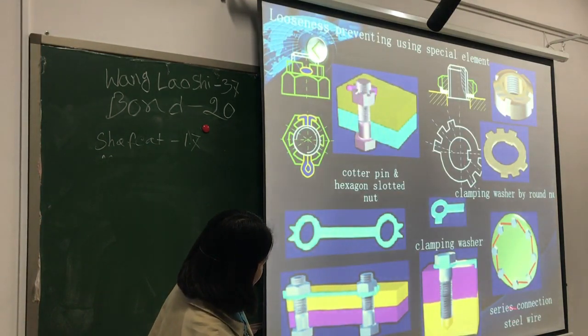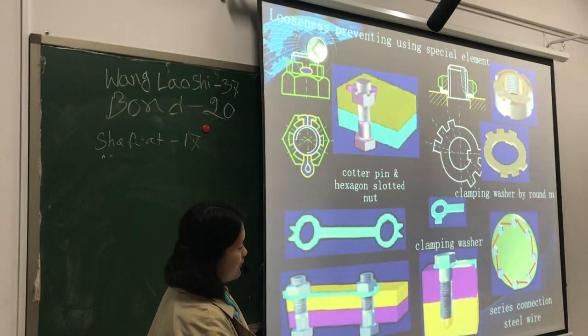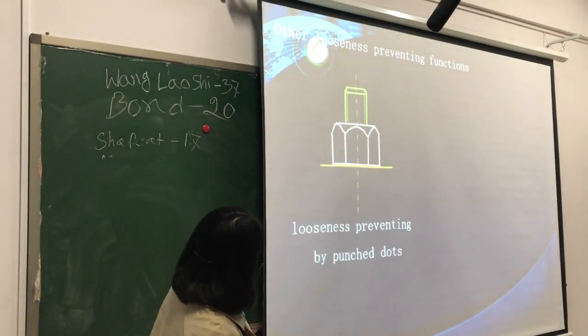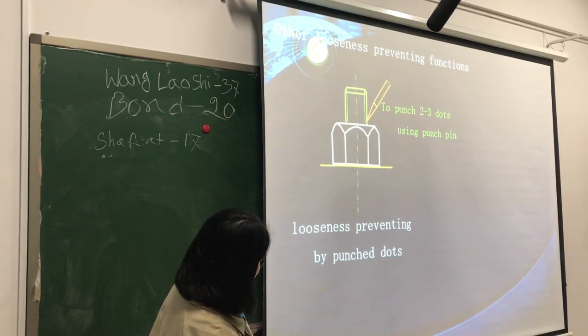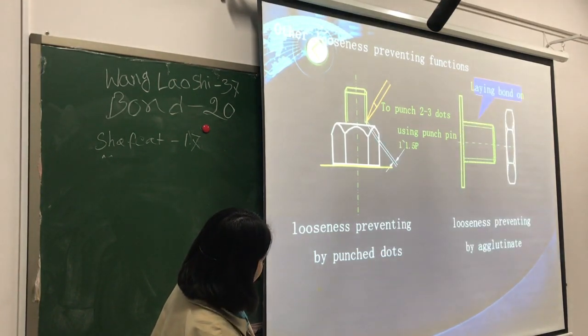And for several bolts, a clamping steel wire. Or we can use permanent methods, for example, using punching or riveting, or gluing.